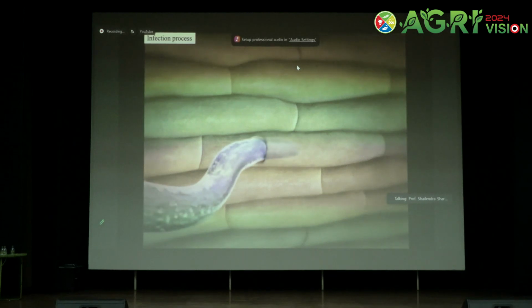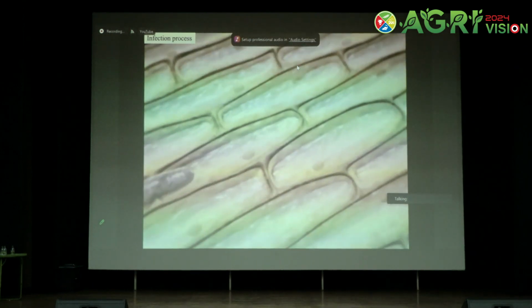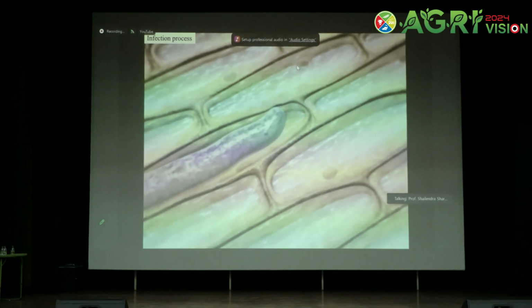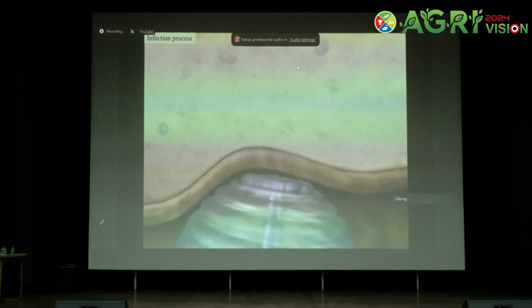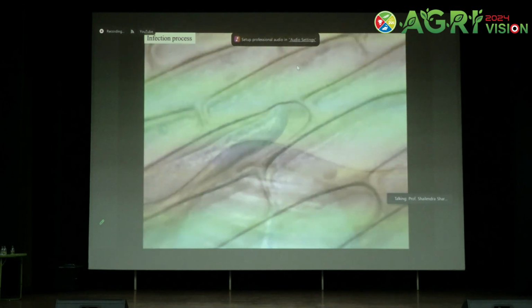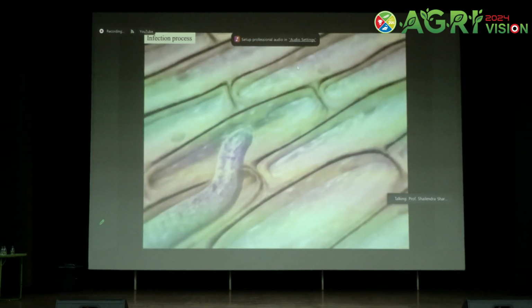The roots of sugar beets are suitable hosts for this nematode species. Using the strength of its muscles, the nematode migrates through the root tissue. Supported by numerous cell wall digesting enzymes that are secreted through the nematode stylet, the juvenile advances from one cell to the next, though without feeding.